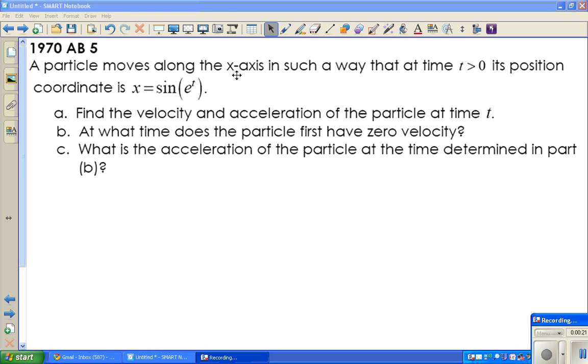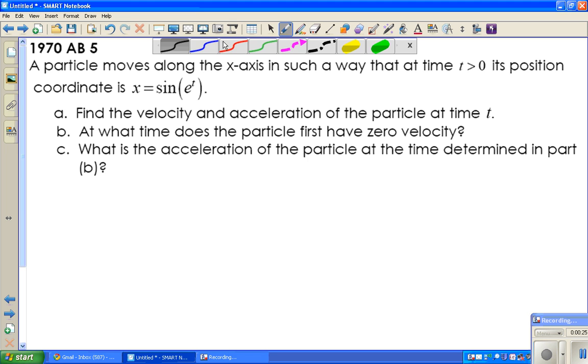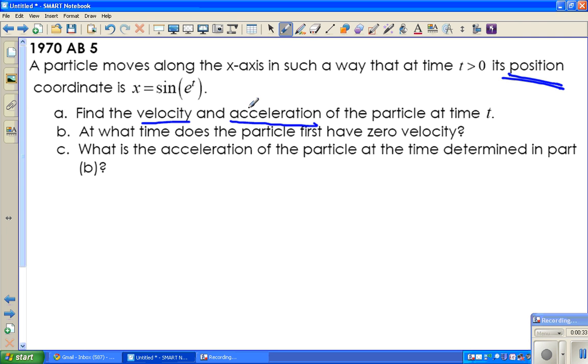A particle moves along the x-axis such that, so this is in fact position, and then velocity and acceleration. They were asking us to find the velocity and acceleration. So let's try to do the first one first. We have velocity, v of t.